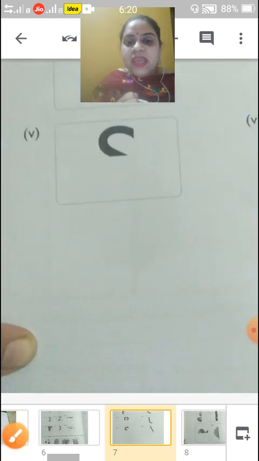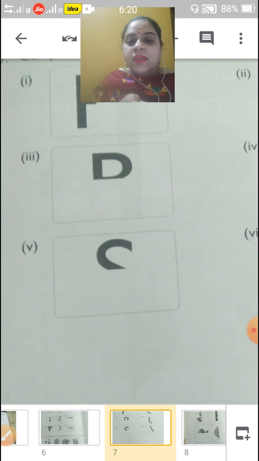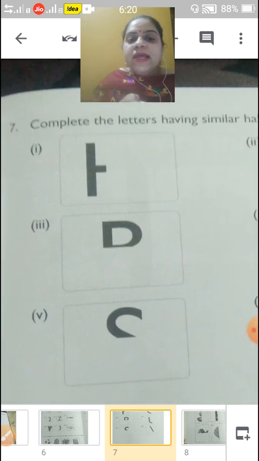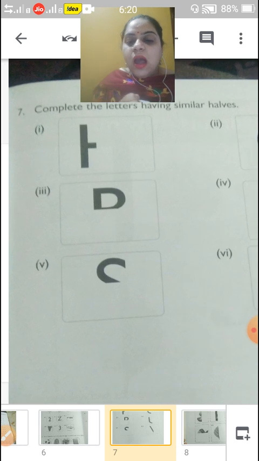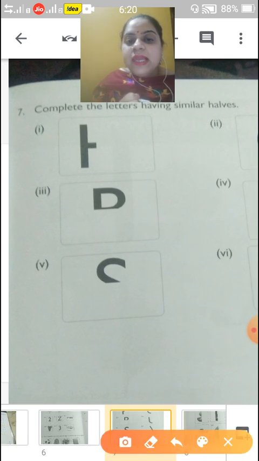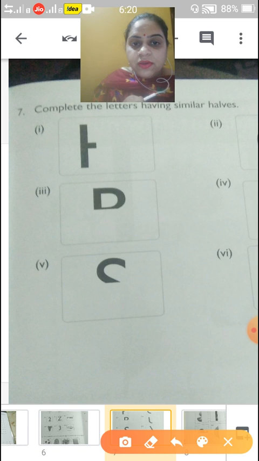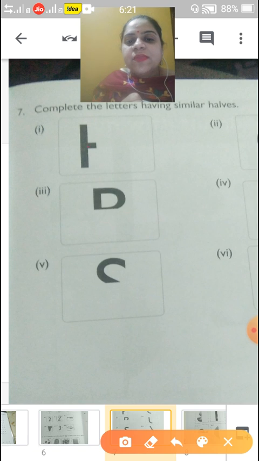Now come to the next, children. Complete the letters using similar half. Now you have to complete the letters using similar half. Now you can recognize what the first letter is. Yes, you are correct. It is H. Next is B. You will complete properly, okay?